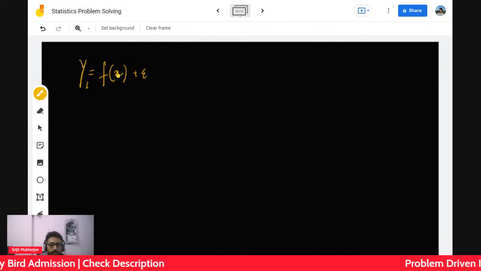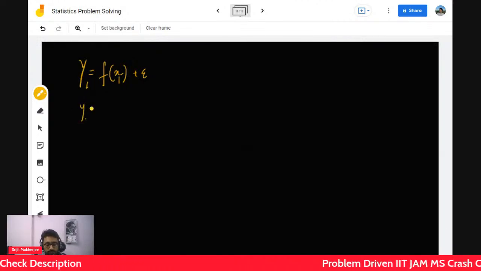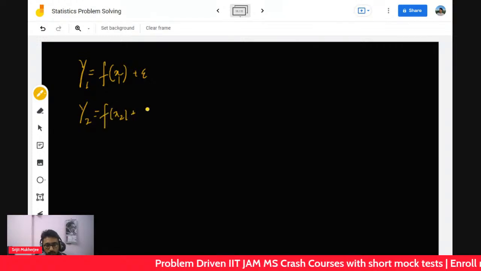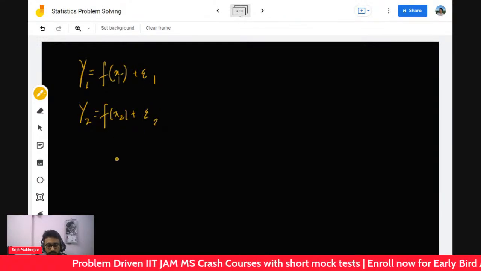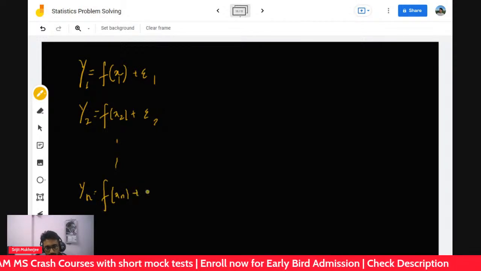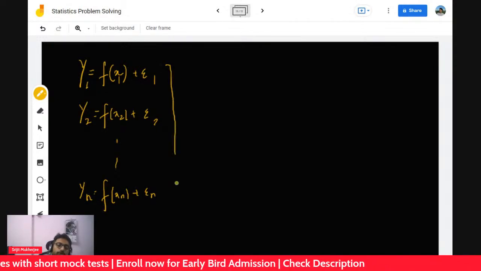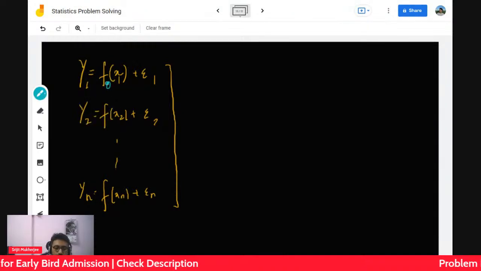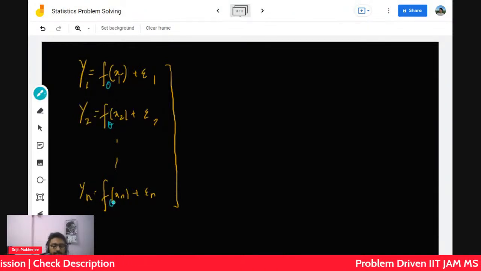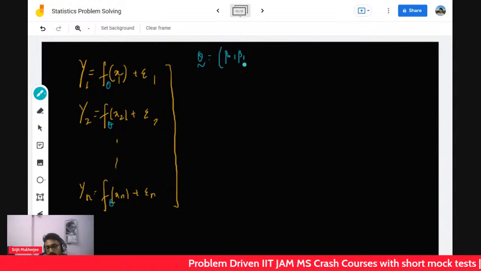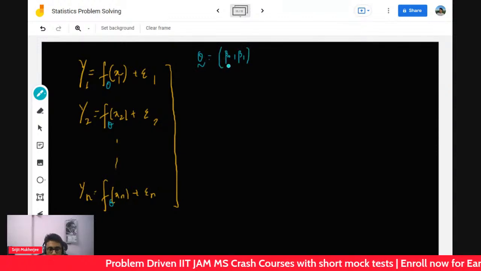For y1 we have small x1, for y2 we have small x2, and this goes on till yn. Now the question is how do you find that f? Say f contains some parameter theta. Here theta is nothing but beta naught and beta 1. The question is how do you find the best theta?